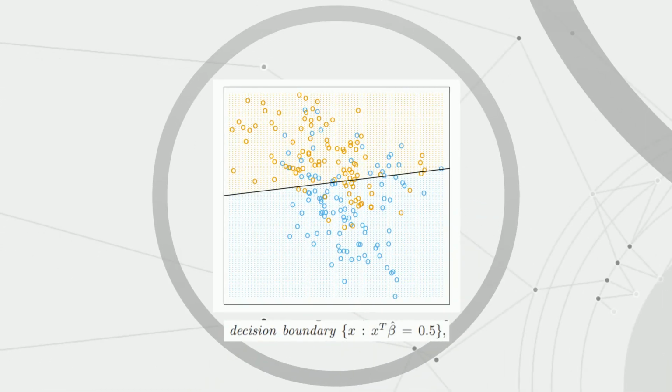Here we have a distribution of orange and blue points, and the two predicted classes, orange and blue, are separated by the decision boundary denoted in this graph, which is linear in this case. We see that for these data, there are several misclassifications on both sides of the decision boundary. So we used our least squares method, and we found a linear solution. In this case, x transpose beta hat is simply equal to 0.5.